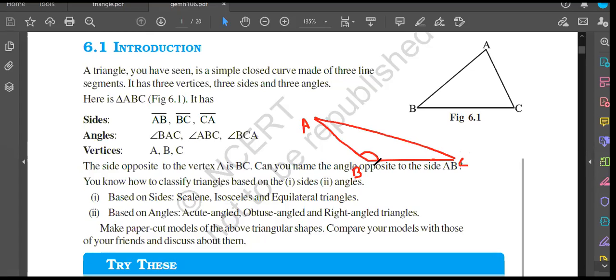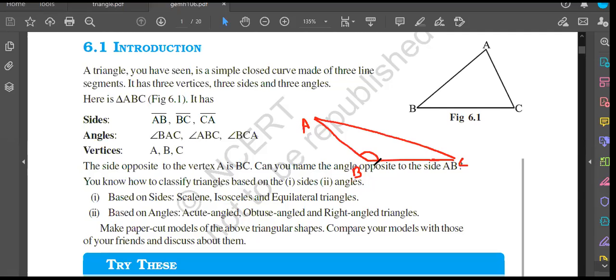This is your obtuse angle. So if a triangle has one obtuse angle, then this is called an obtuse angle triangle. Got it, everyone?